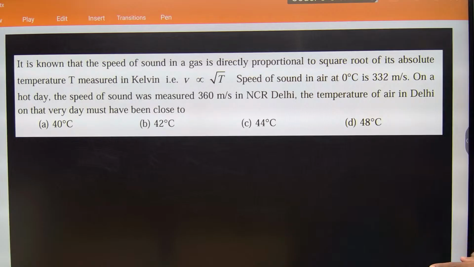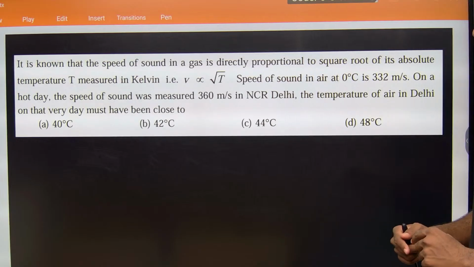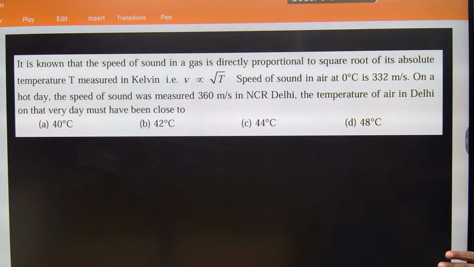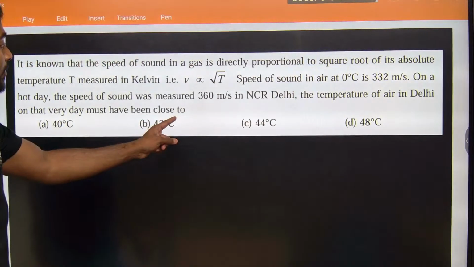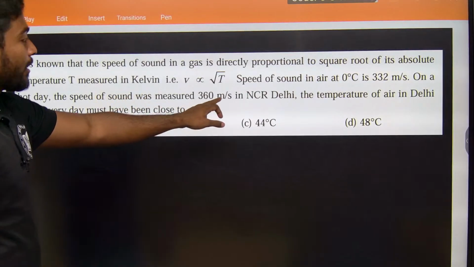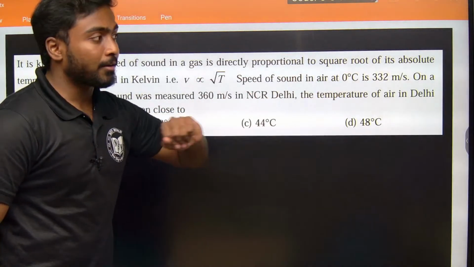On a hot day, the speed of sound was measured as 360 meter per second in NCR, Delhi. The temperature of air in Delhi on that very hot day must have been close to. So I need to find the temperature when the speed of sound is 360 meter per second.